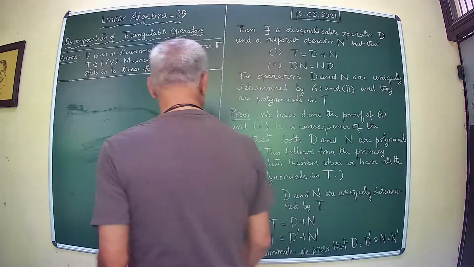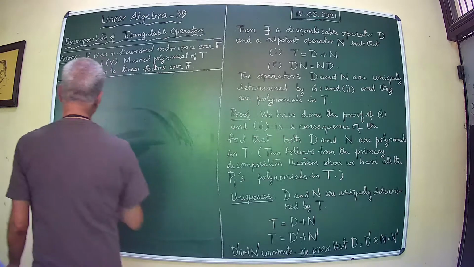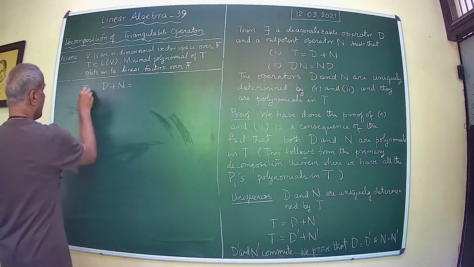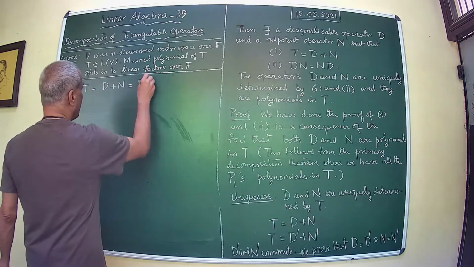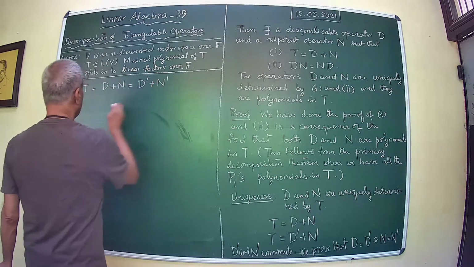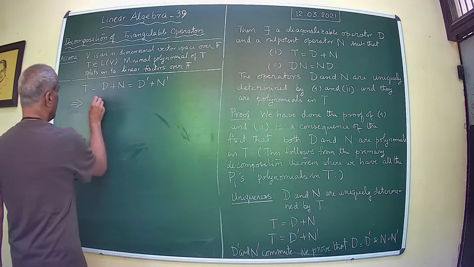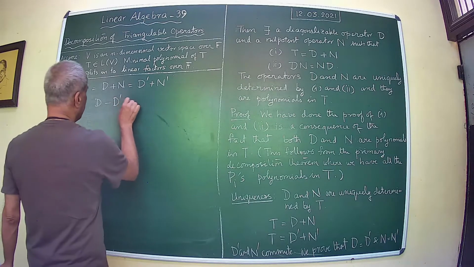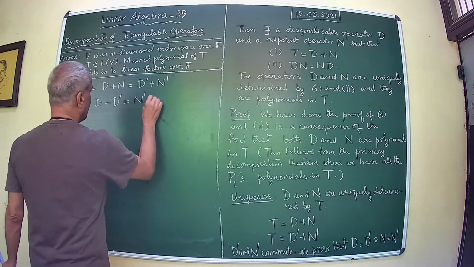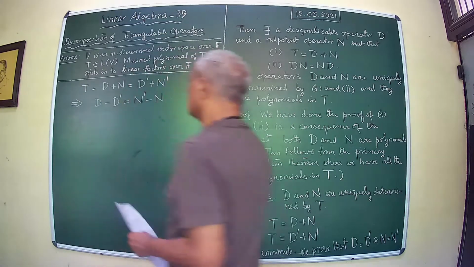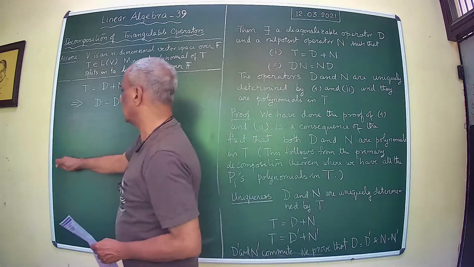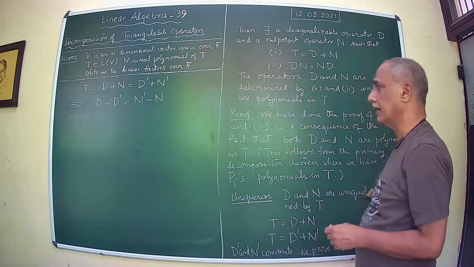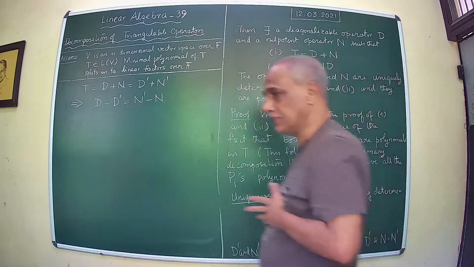So from this relation we have D plus N equals D prime plus N prime, which implies D minus D prime equals N prime minus N. D and D prime are diagonal.